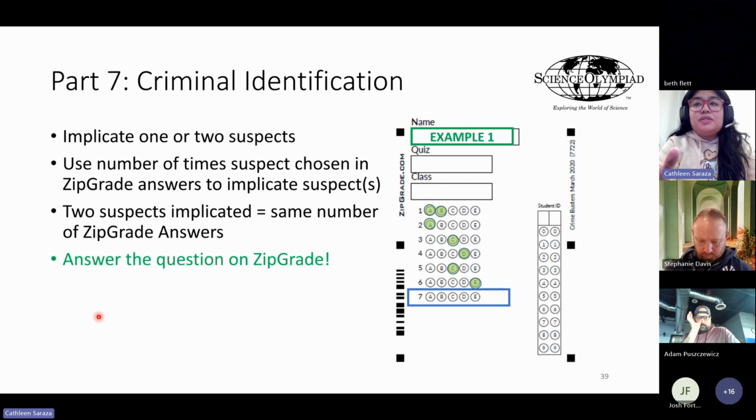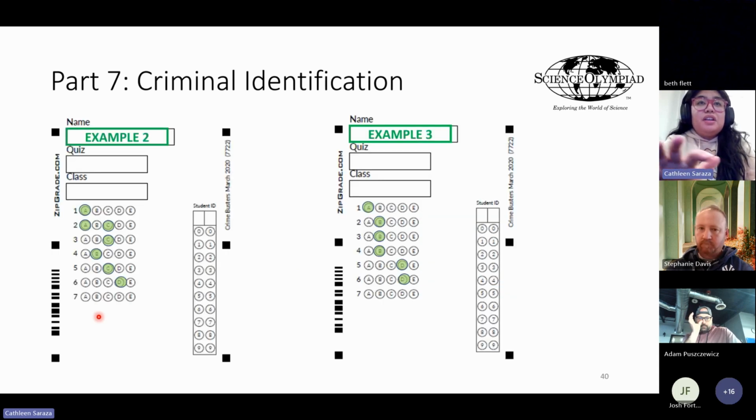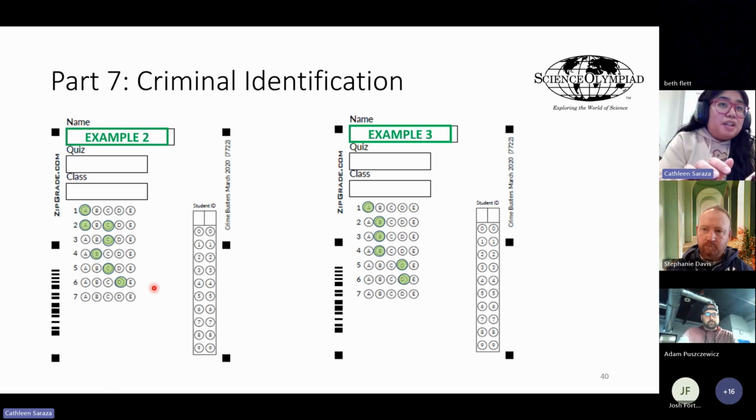And I think this was just a duplicate. But there are more examples on this slide. So example 2, who is implicated on this ZipGrade sheet on the left?